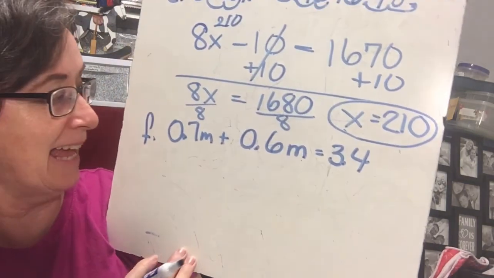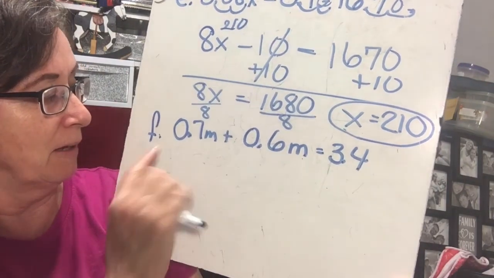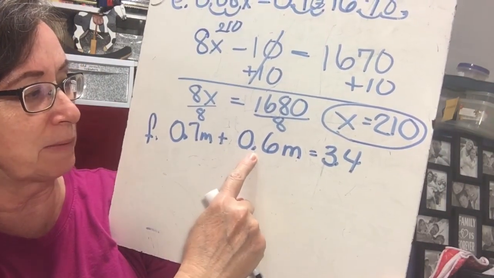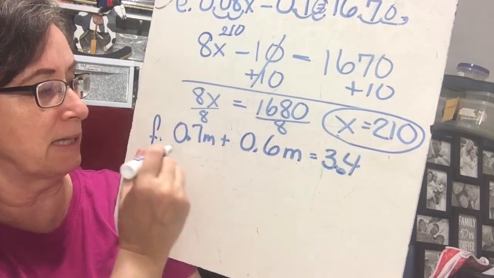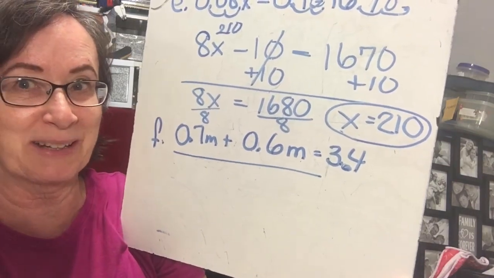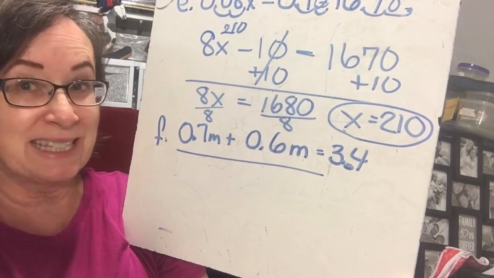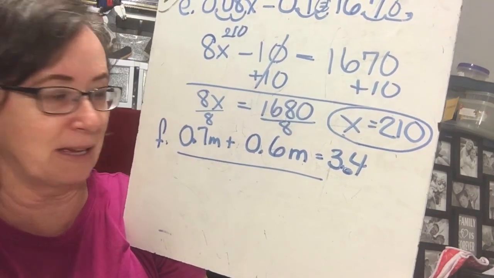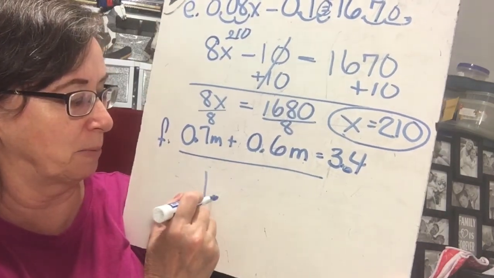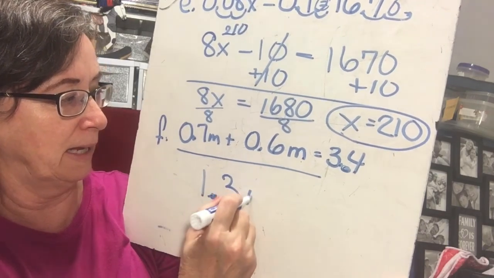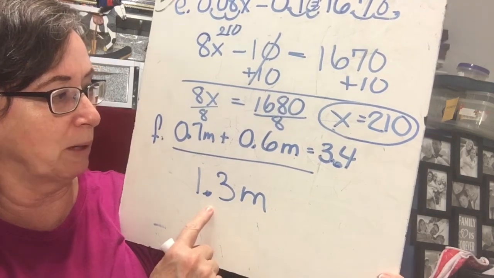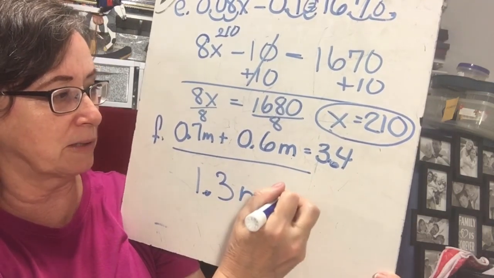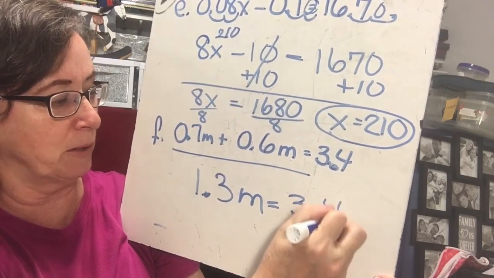So on this last practice problem, we have 1 decimal, 1 decimal, 1 decimal. But before I move all those decimals, I have 2 like terms that I can combine. So 0.7m plus 0.6m is 1.3m. Because 7 and 6 is 13. And so we're going to get 1.3m equals 3.4.